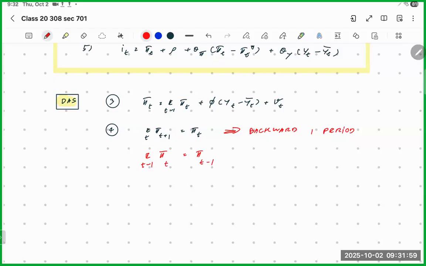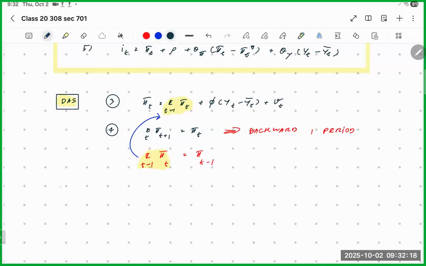We shift the whole equation backward one period. And then you're going to notice that this is expected t minus 1 pi t, and this is actually the same, right? So we can plug it into equation 3 easily.